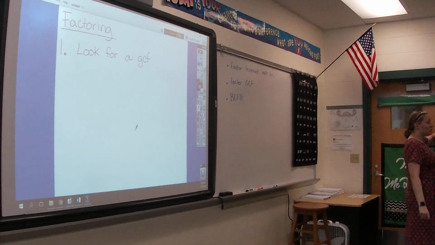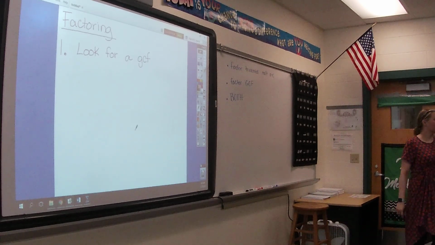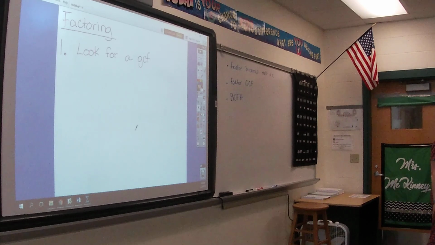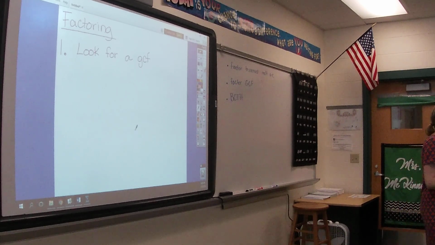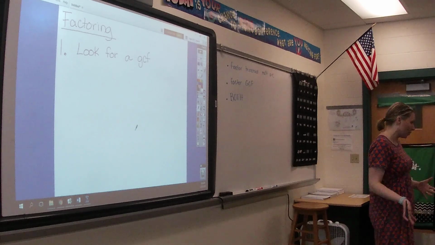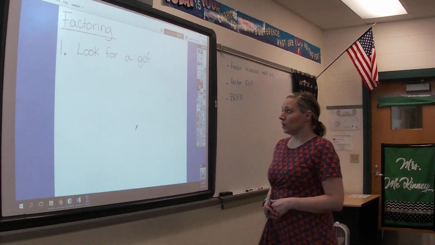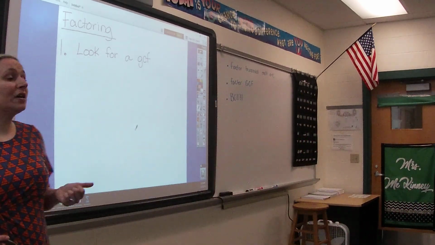One of the things we did on the first day of the unit was decide if it had a GCF or not. They always have a GCF, but if the GCF is 1, it's kind of pointless to write down.